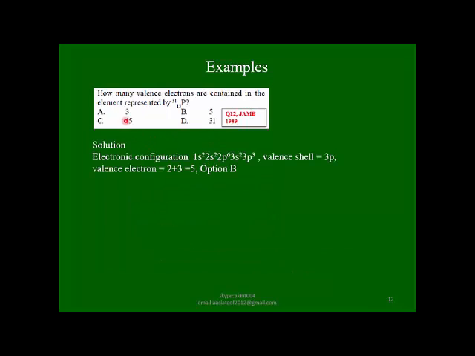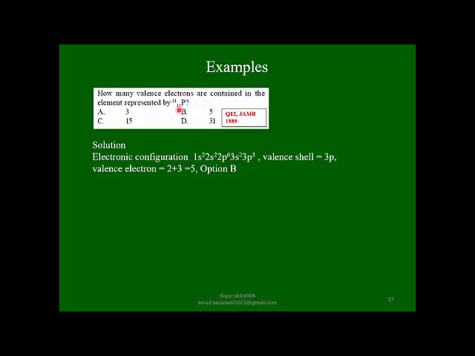Another example is this. How many valence electrons are contained in the element represented by this? In determining the valence electrons, we are not interested in the mass number. It is only the atomic number here, and since it is neutral, the number of electrons and the number of protons are equal.